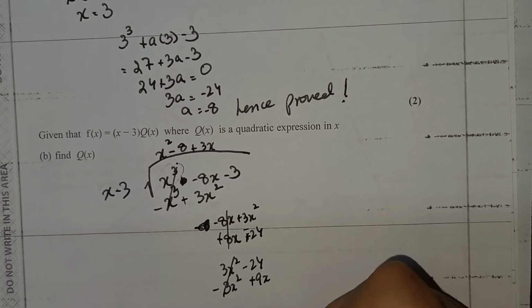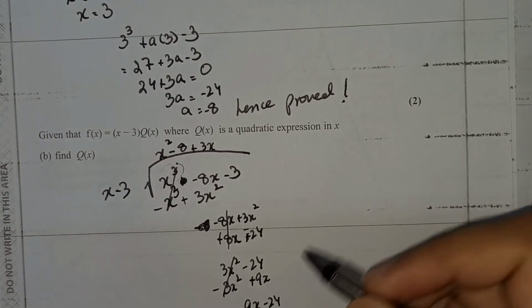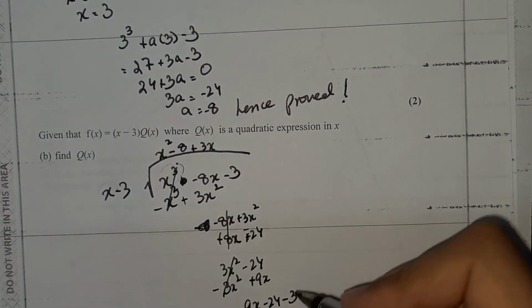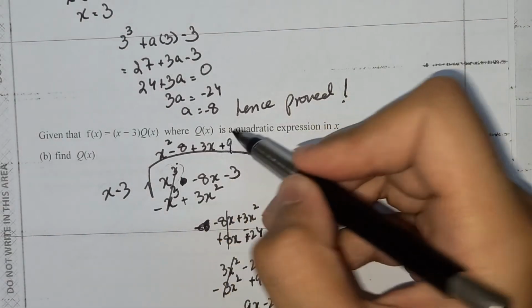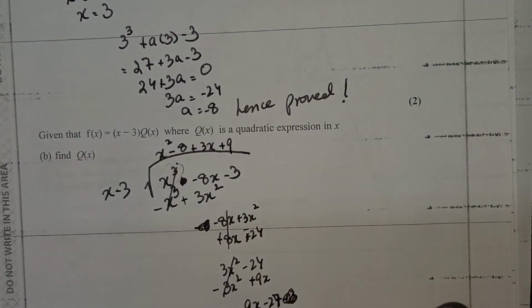Change the signs. So 9x minus 24, you can carry that thing down as well, which gives us minus 27 as a whole. So we'll go with plus 9x minus 27. Change the signs, we get an equal to 0.